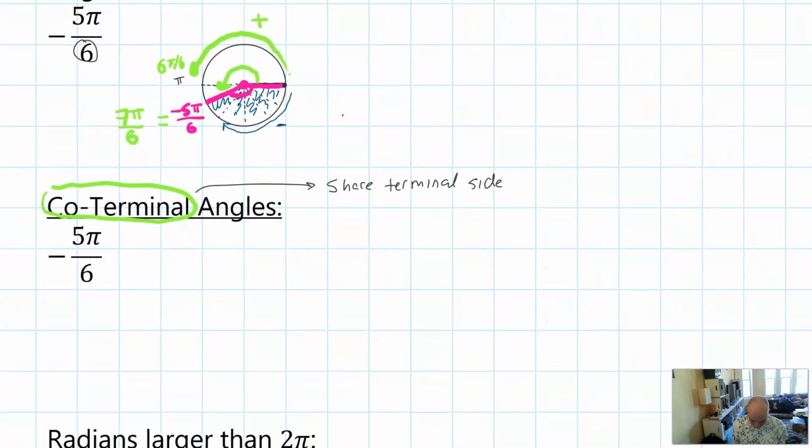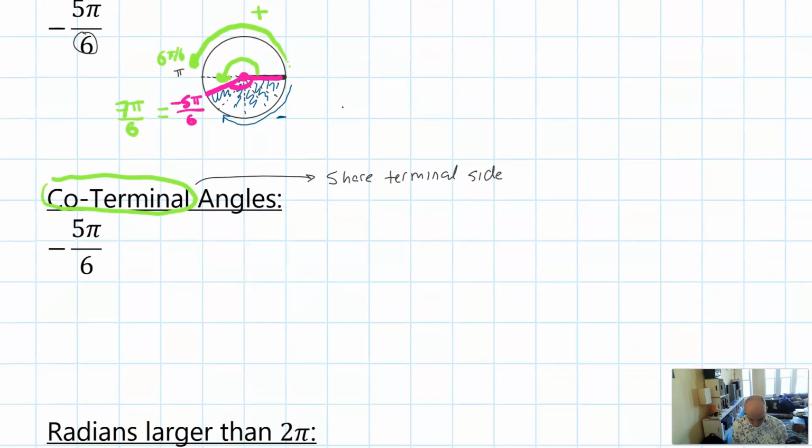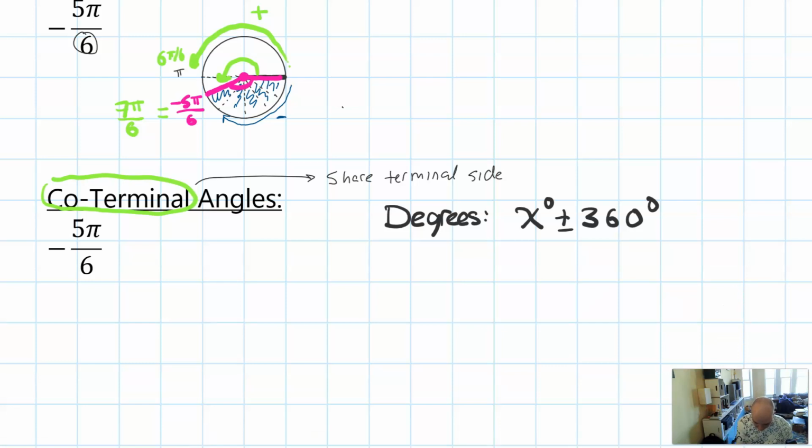In degrees, those things that we no longer speak of, you found coterminal angles by doing x degrees plus or minus 360 degrees. That is, plus or minus one full turn around a circle can give you a coterminal angle. In radians, coterminal angles are found by adding or subtracting 2 pi.